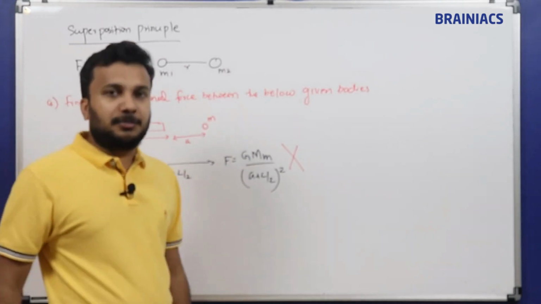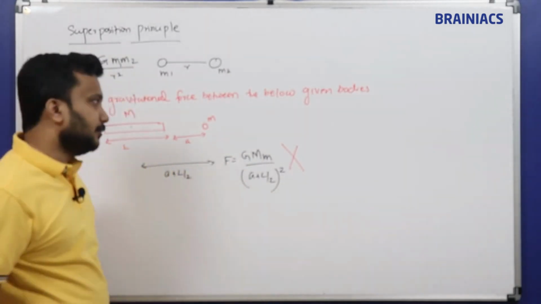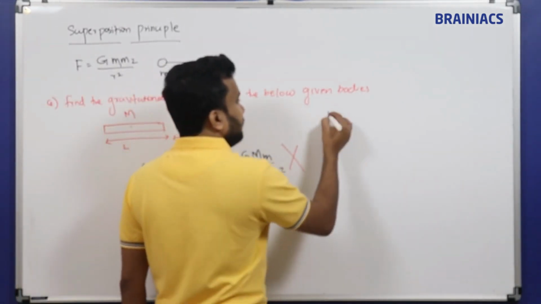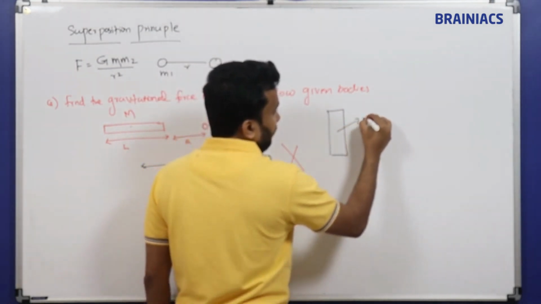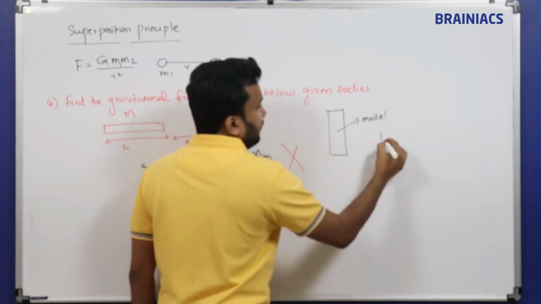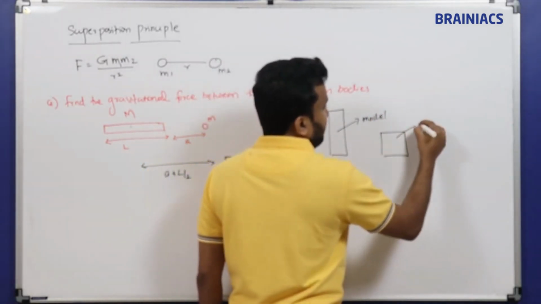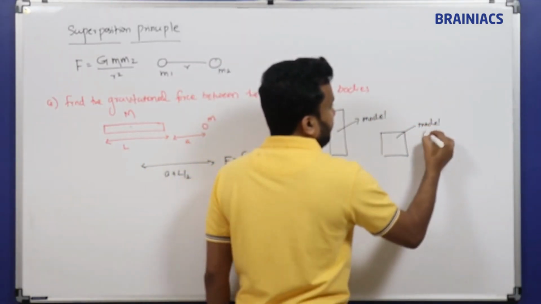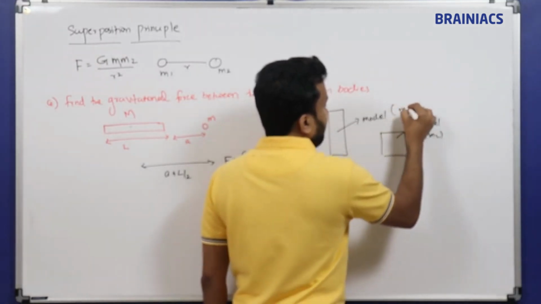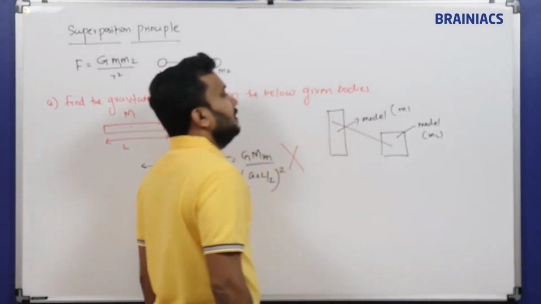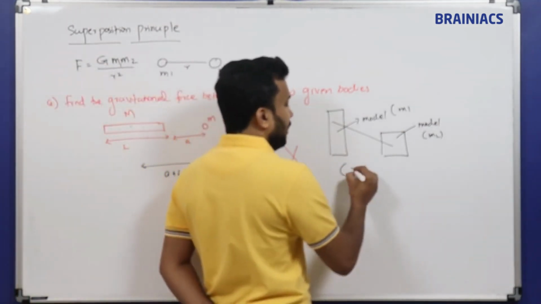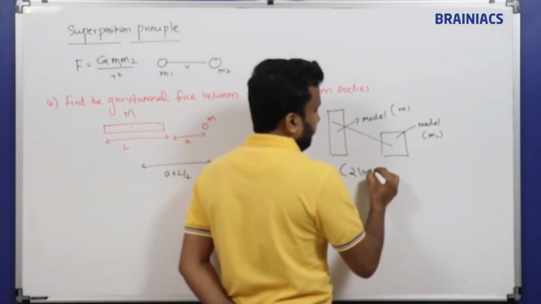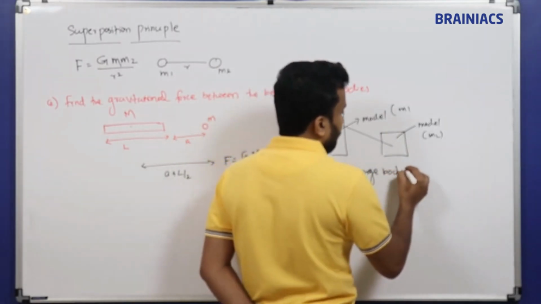If you go back a couple of pages in your notebook, you can see some questions solved with a certain block like this. This is one block and this is the next block, like M2 mass and M1 mass. Then we take the centers and find it. So this is like two large bodies.